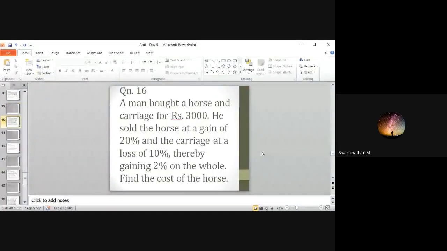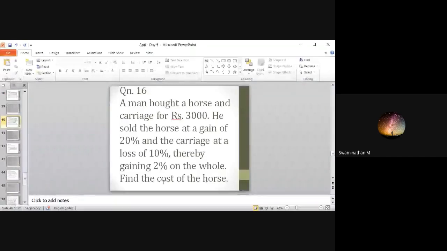A man bought a horse and a carriage for rupees 3,000. He sold the horse at a gain of 20% and the carriage at a loss of 10%, thereby gaining 2% on the whole. Find the cost of the horse.